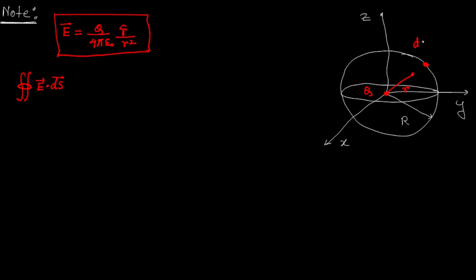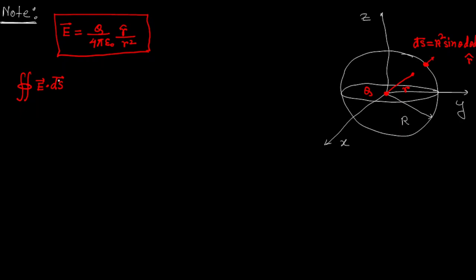We can write this dS in this way. dS vector is equal to r square sine theta d theta d phi. Since the radius of the sphere is capital R, on the surface everywhere r will be fixed. That's why I replace the small r by capital R. So capital R square sine theta d theta d phi. And what will be the direction? The direction will be r cap in this direction.